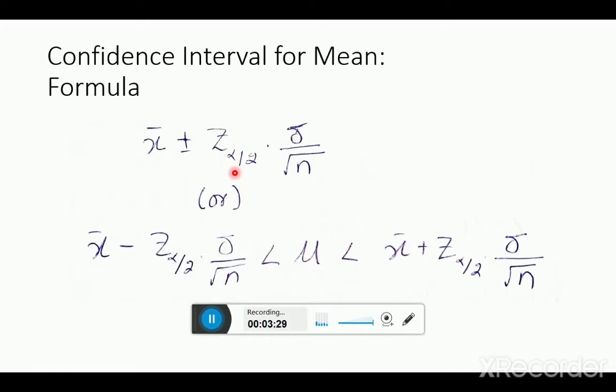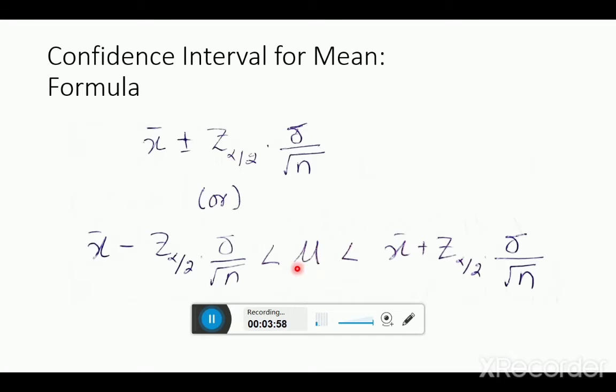Then the term sigma over under the root n, combined, is known as the standard error, or the margin, and individually it is the standard deviation sigma divided by under the root n, the sample size.